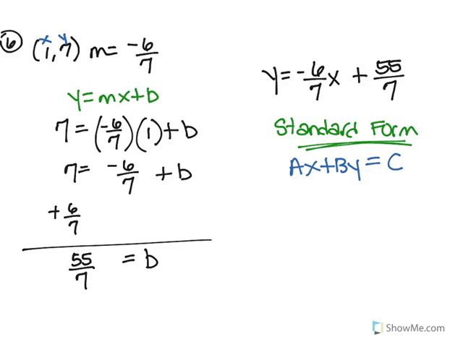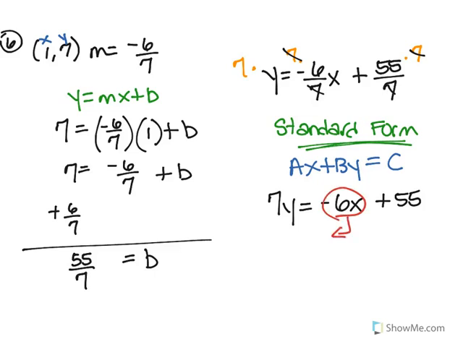So the first thing we're going to do is multiply everybody by who? 7. That's how you clear out your fractions. That's going to give us 7y equals -6x plus 55, because they're going to cancel out those 7s on the bottom, right? Then our next step is to move the x over in front of the y.